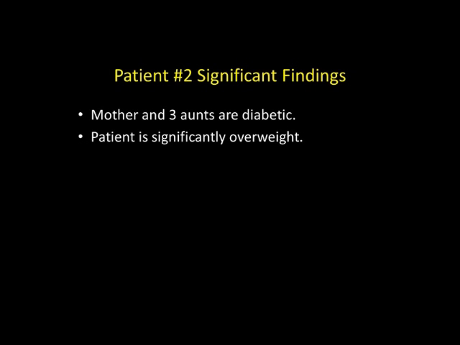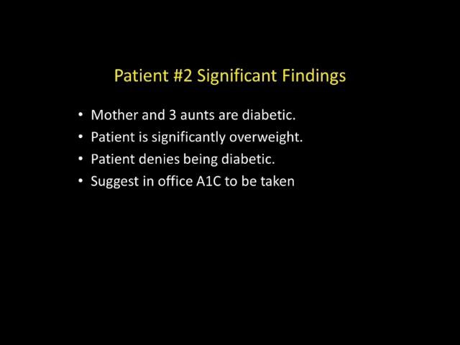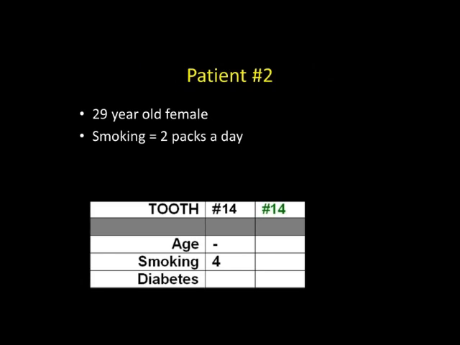The 2 of those would indicate that there's a possibility that the patient is diabetic, but interestingly enough, the patient denies being diabetic. So what will we do? I would suggest that we do an office A1C to see exactly what the score is, so the dental assistant would only score age and smoking, because the patient is smoking 2 packs of cigarettes a day.